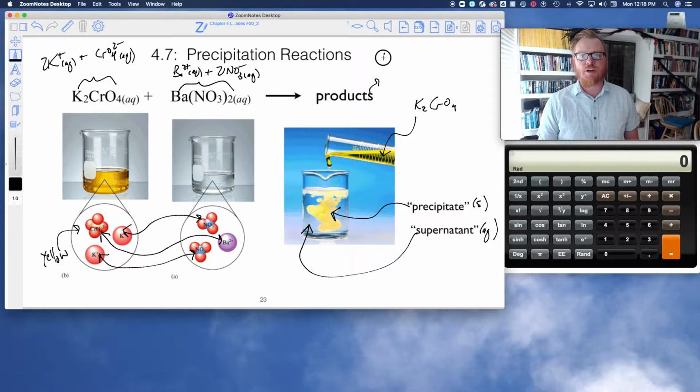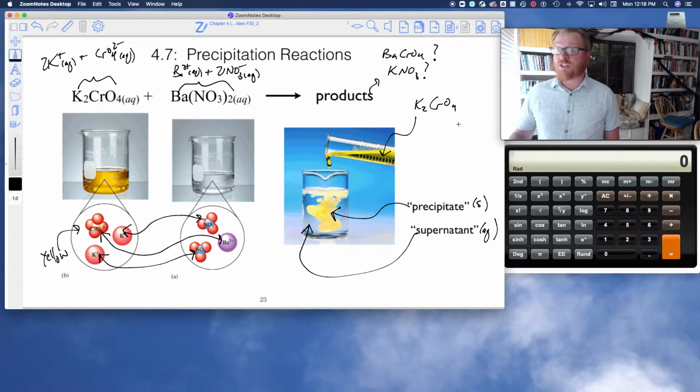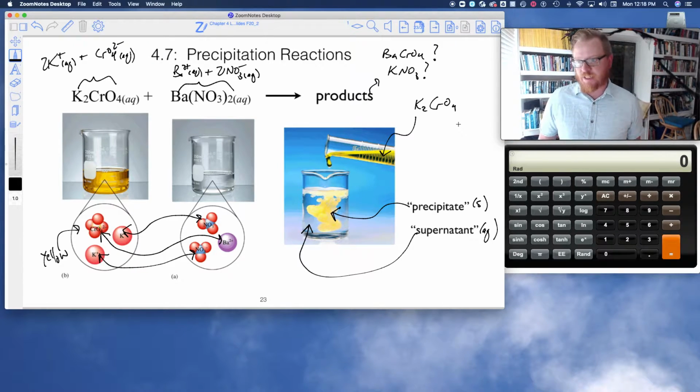Notice that if I just said the product is potassium chromate, that means nothing happened, because potassium chromate was a reactant. So my possibilities are barium chromate or potassium nitrate. One of those will represent the precipitate, which is the solid. The other will represent the ions that are in the supernatant.